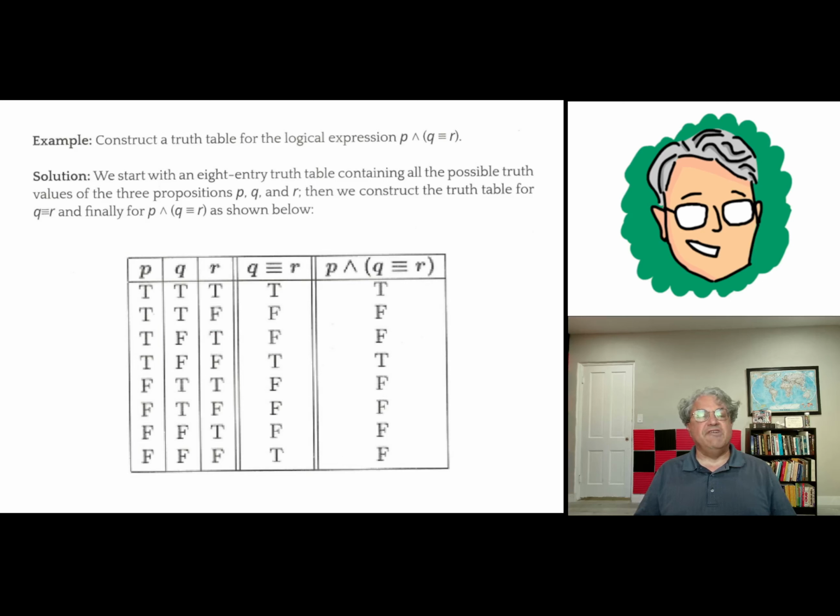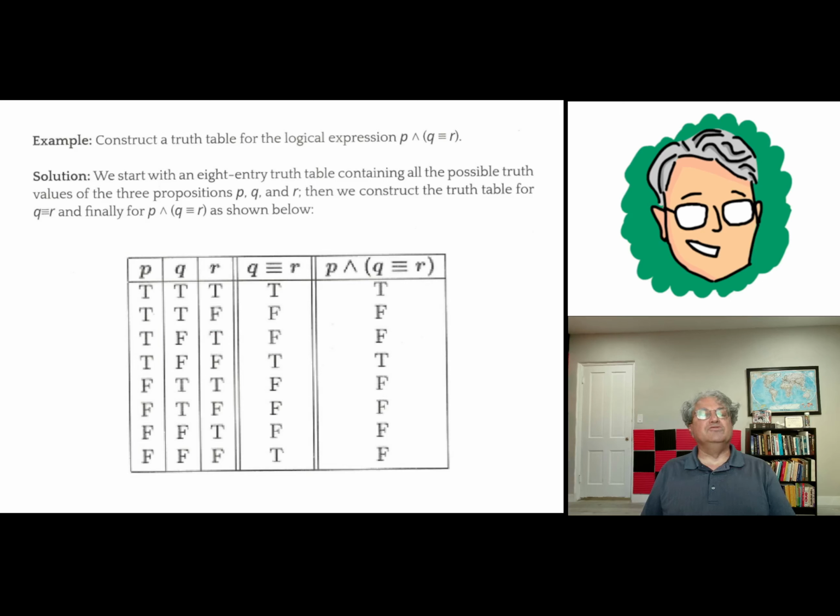But the mistake kind of goes away in the last column. So now we want to do the conjunction of Q is equivalent to R with P. And you'll notice that for the first 4 rows, P is true. That means that we can ignore P as far as Q is equivalent to R goes, because true and anything is just the second thing.